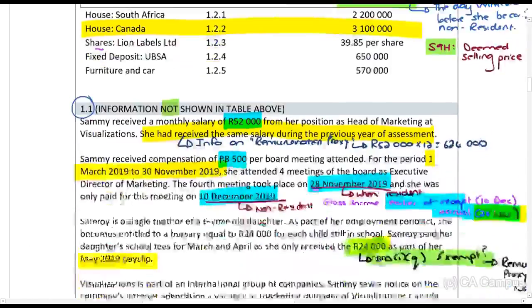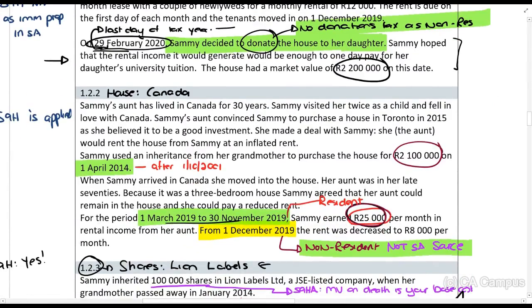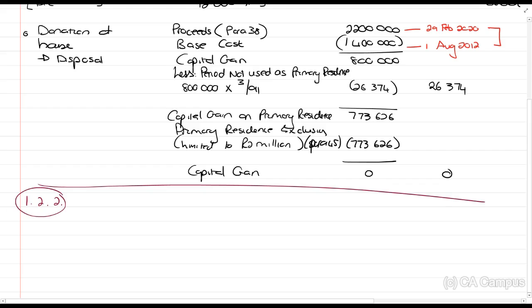So she's just treated as if she bought it now. So there's no effect when you buy the asset, nothing happens. But what does she receive? She receives 8,000 rands rent a month. But this is not from a South African source. So there's no gross income. It's not from a South African source.